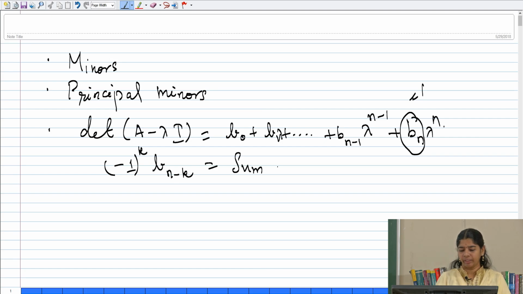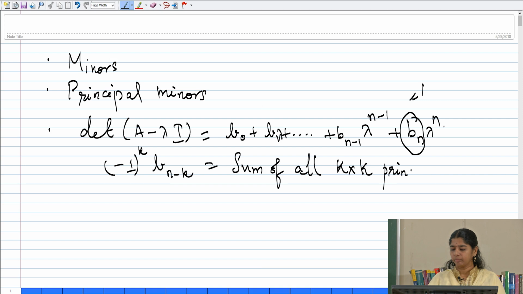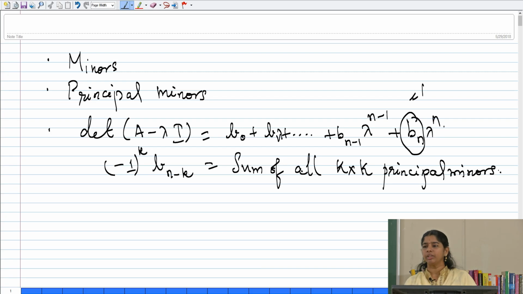So this much we have seen already yesterday, so I am just quickly covering this part. In this direction, we also saw that our b(n-1) is going to be nothing but the sum of all 1 by 1 principal minors, right?